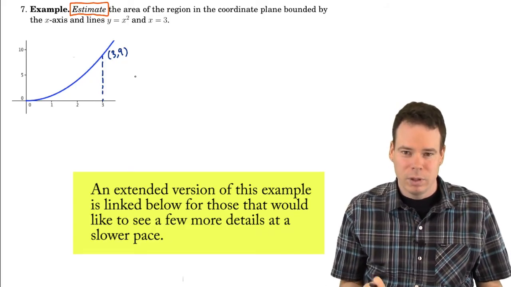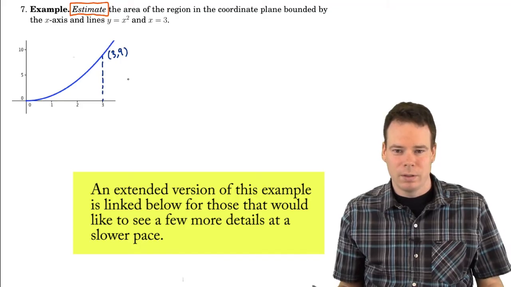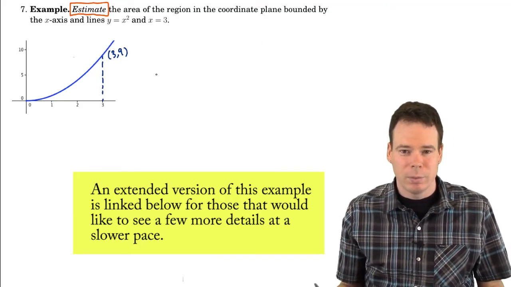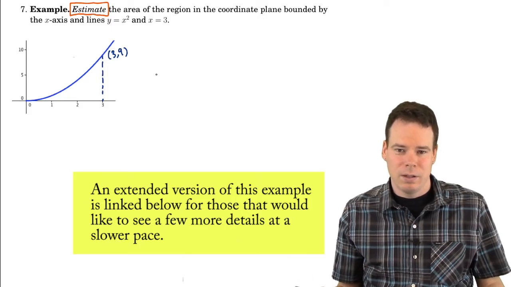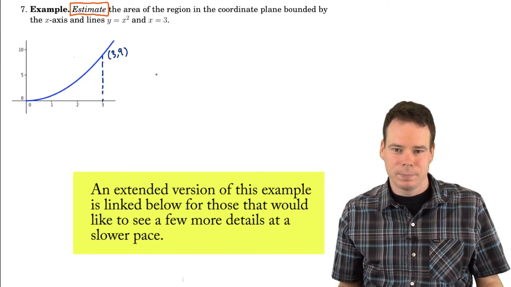In this particular video, I'm going to do one concrete calculation and then go into the general case. So if you find that this might be going a little bit too fast for you, there is an extended version of this particular example, which I've linked to below.